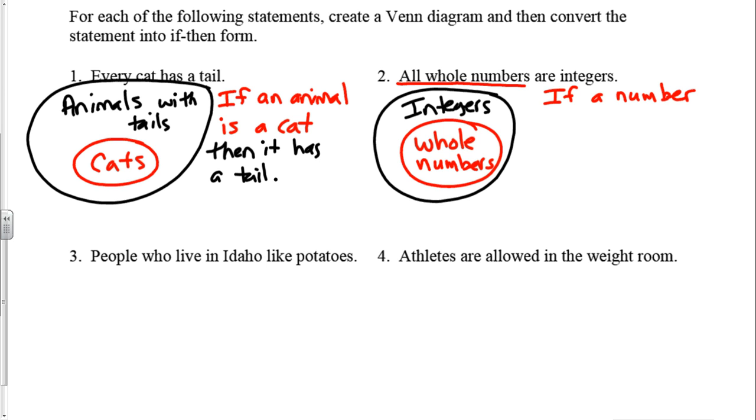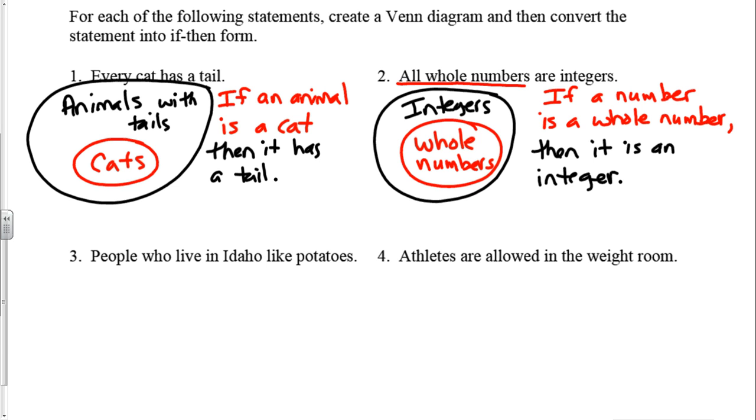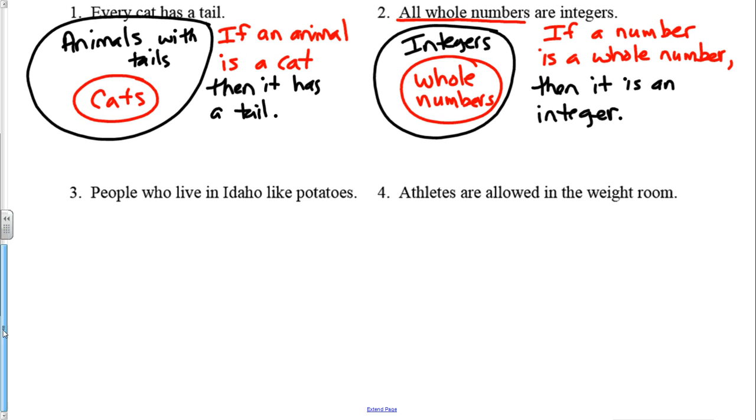I'm going to start with the red small circle inside, is a whole number, then I know the outside that's in black. Then it is an integer. Now at this point, if you need more time to write that down, please pause the video here so that you may write that entire statement down before moving on to number 3.